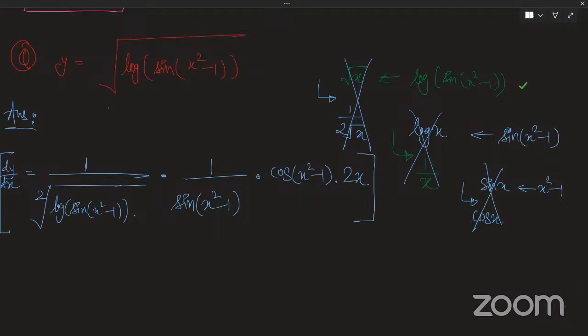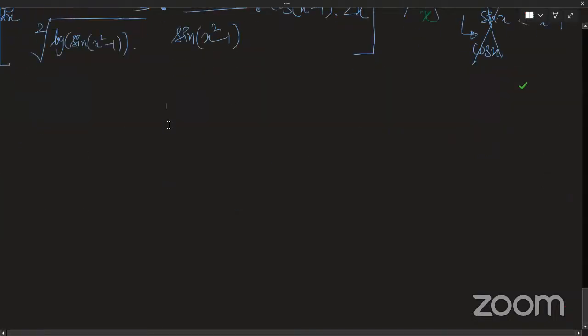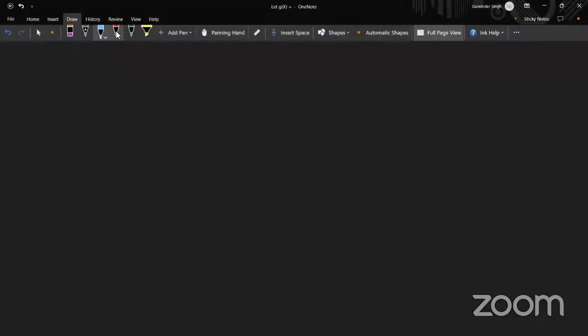Yes, sir. Okay. Now let us revise a bit from yesterday and try to apply it along with chain rule. Fine. So let us see if we can do that. So you have got two functions in division.